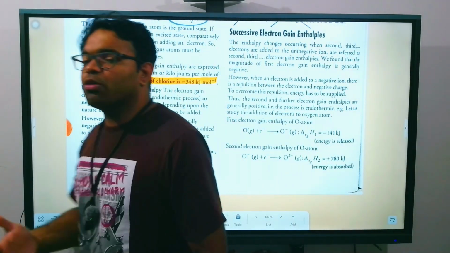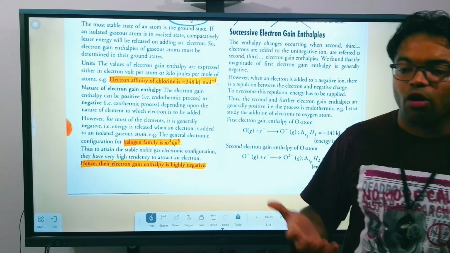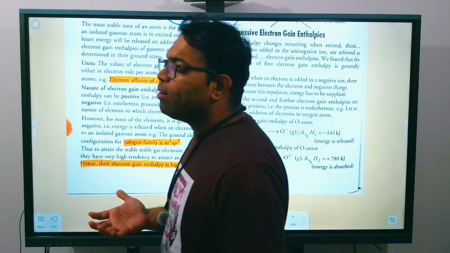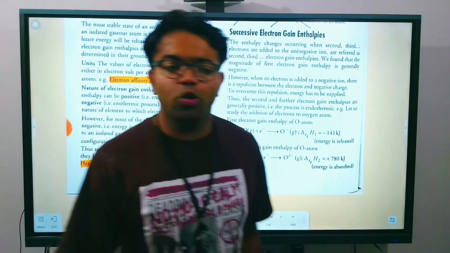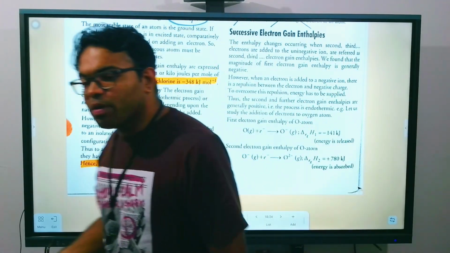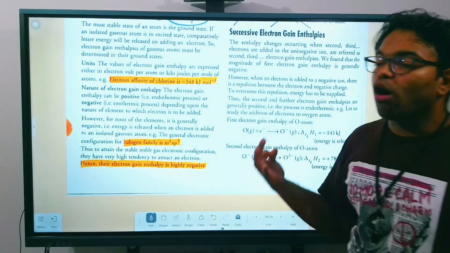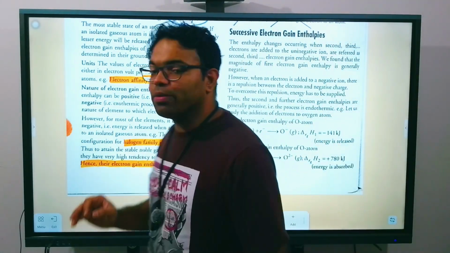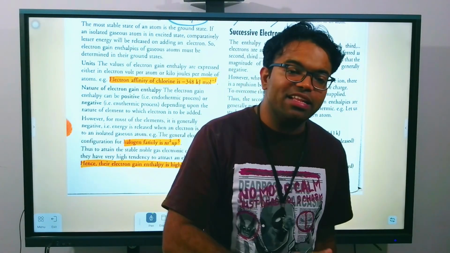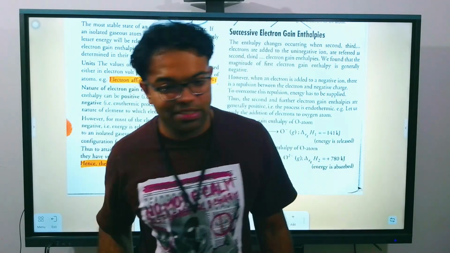The amount of energy required to convert 1 mole of a neutral atom into an anion. Kilojoules per mole, kilocalories per mole, and electron volt are the three units of electron gain enthalpy as well. So both ionization enthalpy and electron gain enthalpy will have these three units.